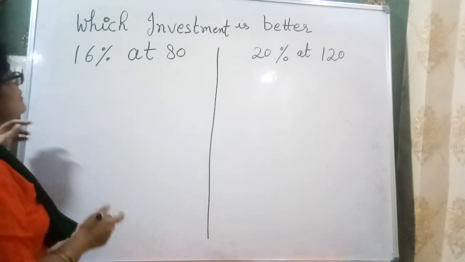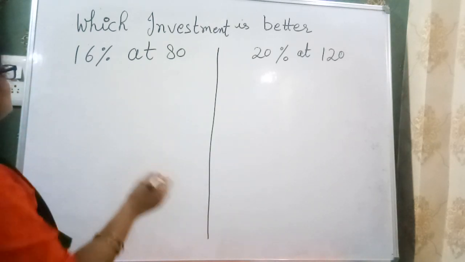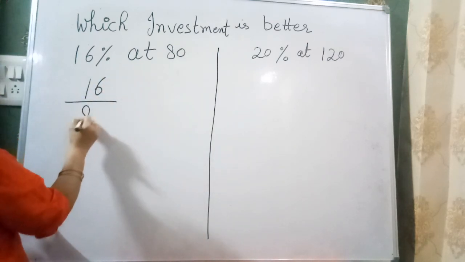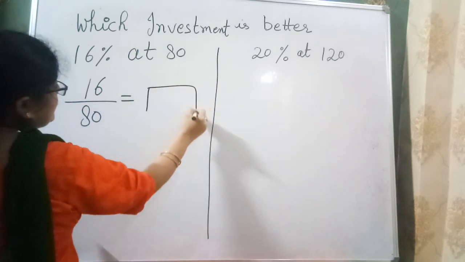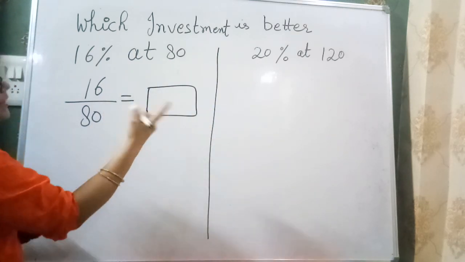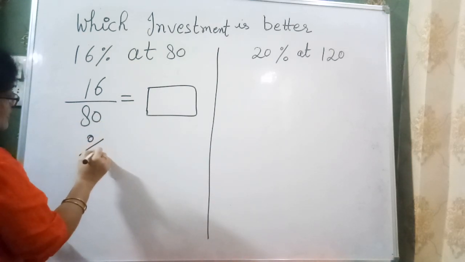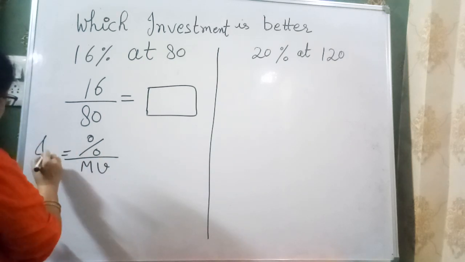In that case, you just divide the percent and market value, and you will get a particular value by which you can compare those things. That means the formula is percentage by market value, and this is known as income.